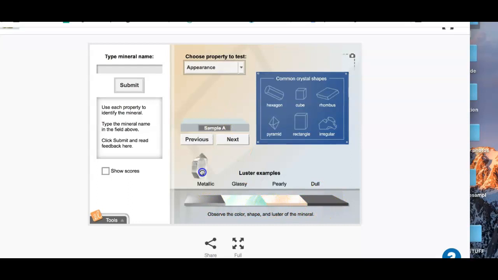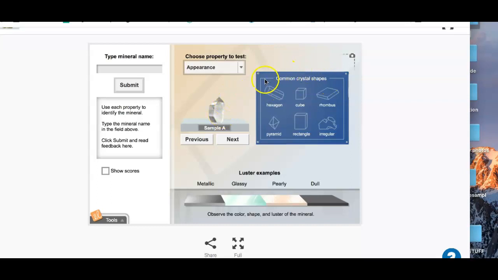So I can drag it up here and think about, what color is that? What's its luster? What does it look like? Is it shiny? Is it dull? I'm not looking so much at the colors that are here, but how they're reflecting light. Does it look like glass? Does it look dull, maybe like the cover of a notebook?